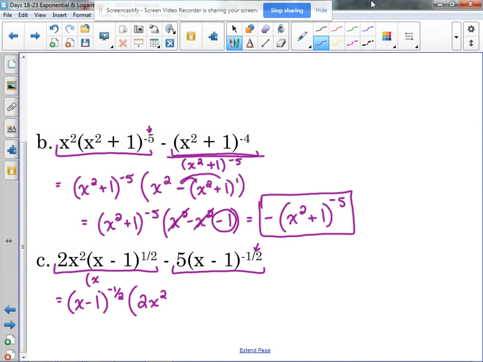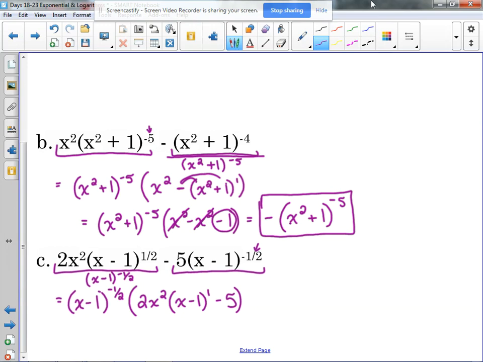When we are factoring this out, aka dividing, subtract those exponents. 1/2 minus a negative 1/2 is 1/2 plus 1/2, which is 1. So we've got x minus 1 to the first, similar to what happened in example B. And then for the second term, we've got that minus 5. We pulled out the factor of (x minus 1) to the negative 1/2. So that is it right there.